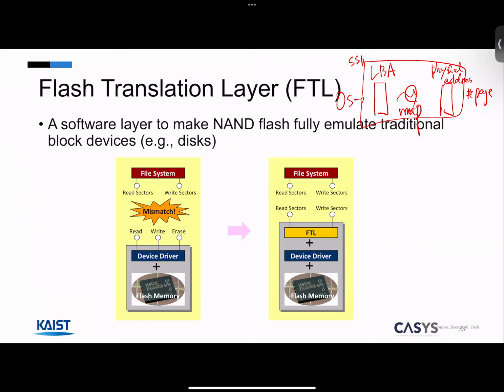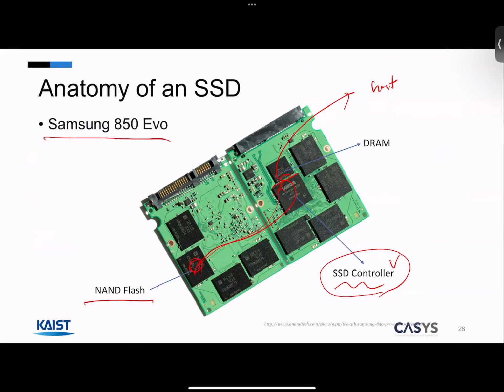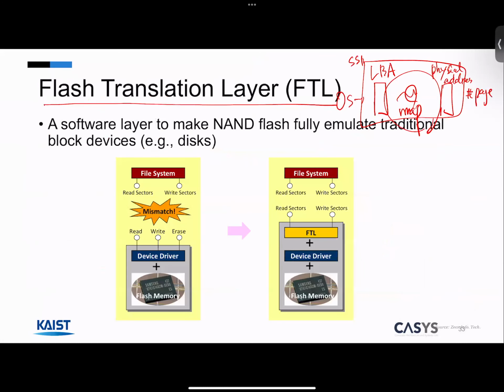So the mapping translation happens. Who performs this mapping? It is called the Flash translation layer. In the SSD there is a controller, which is kind of a 1 gigahertz ARM CPU, for example, which performs lots of computation operations. The most important functionality of the SSD controller is the FTL, the Flash translation layer.